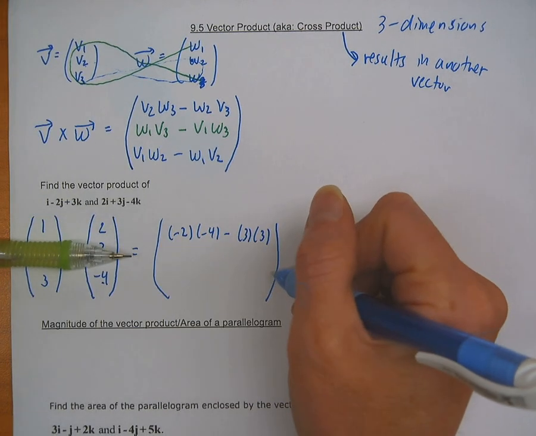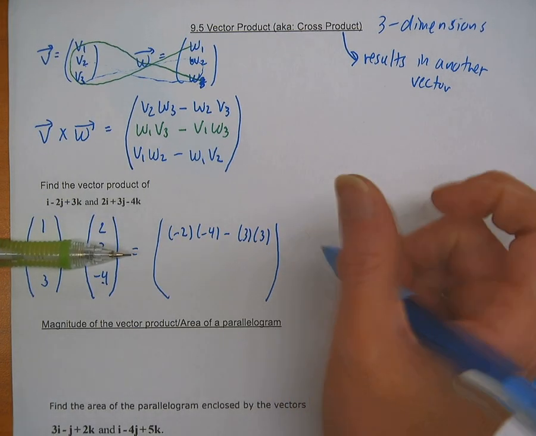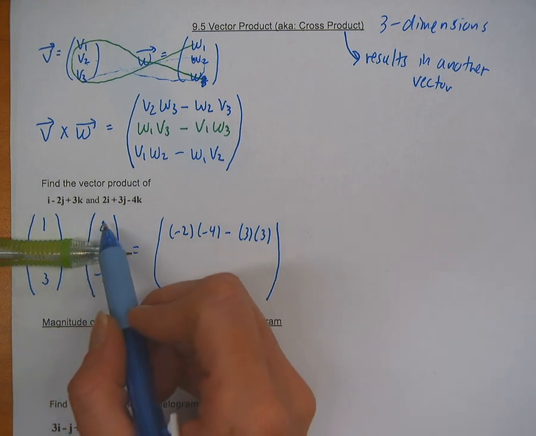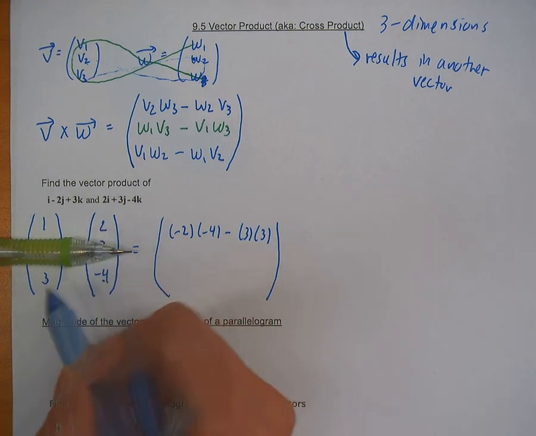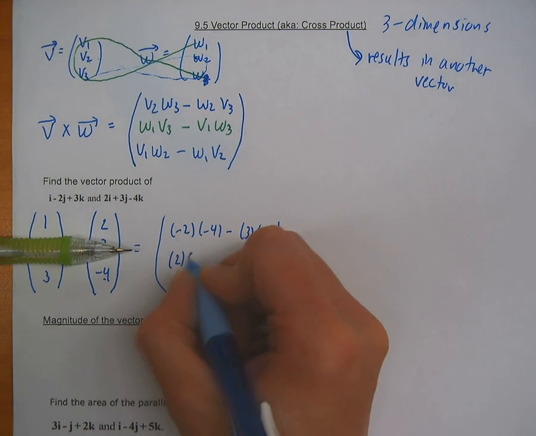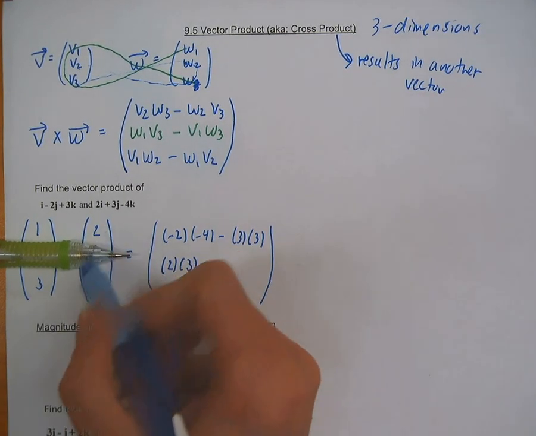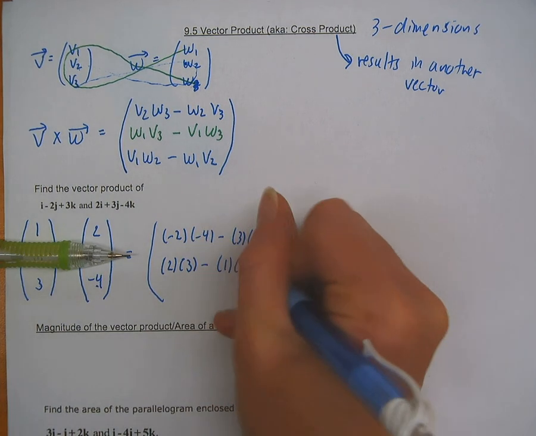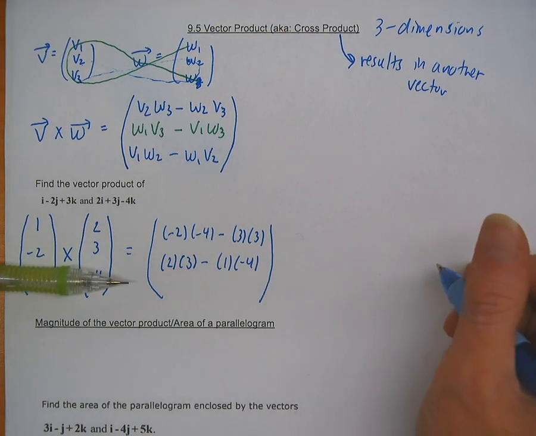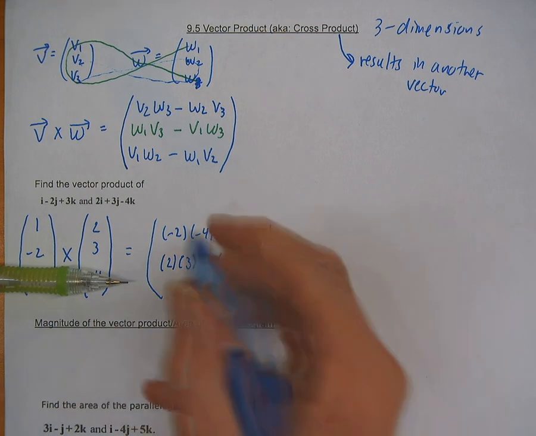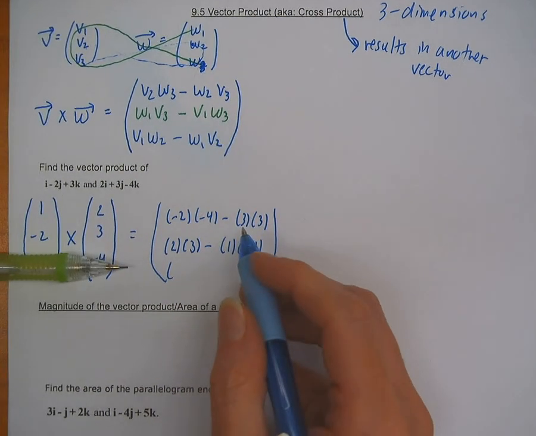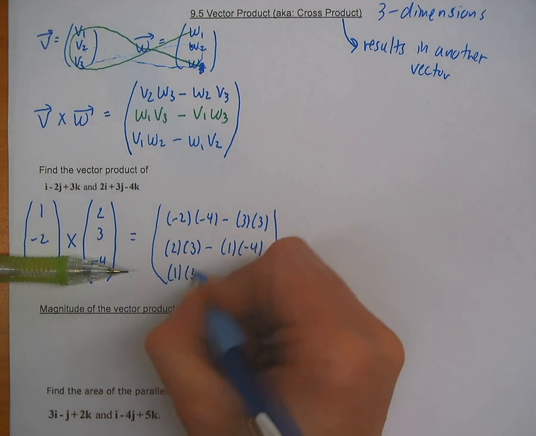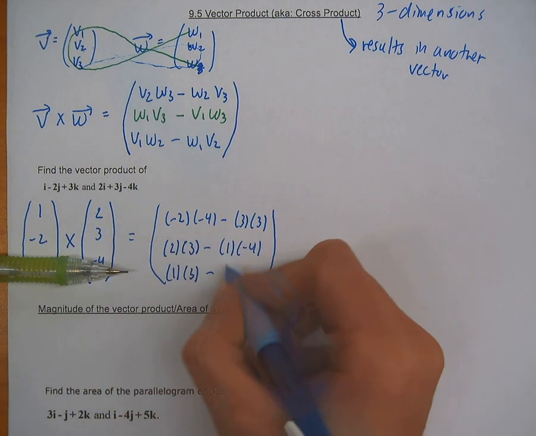Now for the y, I cover up the y components, and I do the little fish thing backwards. I start at the top right instead of the top left. So 2 times 3 minus 1 times -4. For my z component, I go back to starting on the upper left. So I cover up the z's, start at the upper left: 1 times 3 minus 2 times -2.